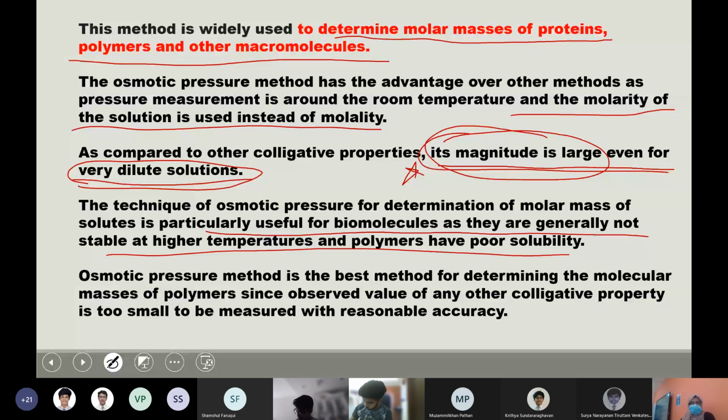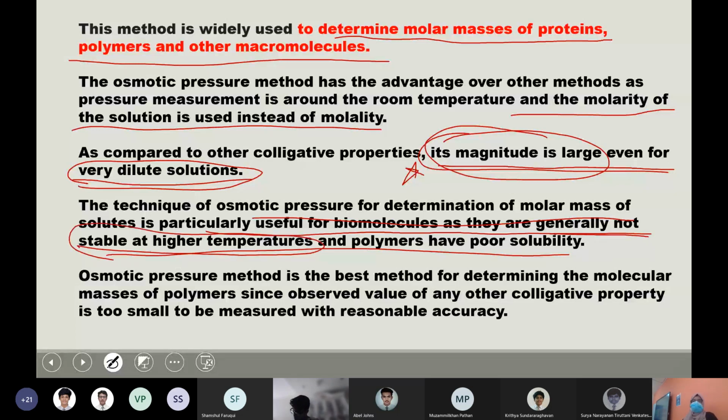That is why we use the osmotic pressure method, because you are not heating or cooling, you are just keeping one temperature constant and measuring the osmotic pressure and hence the molar mass. So that is the main reason why the osmotic pressure method is used over the other methods for the calculation of molar masses of proteins, polymers and other macromolecules, because biomolecules generally are not stable at high temperature.